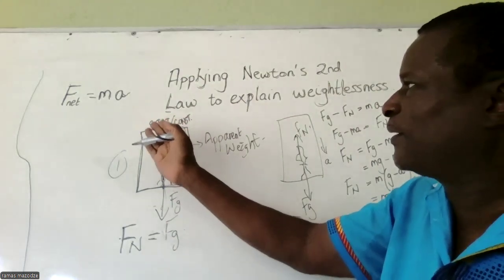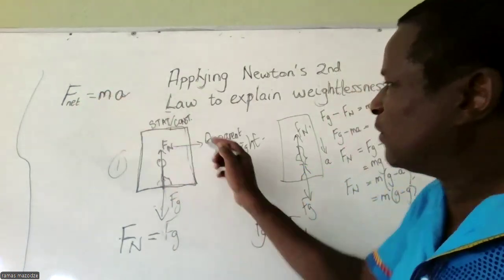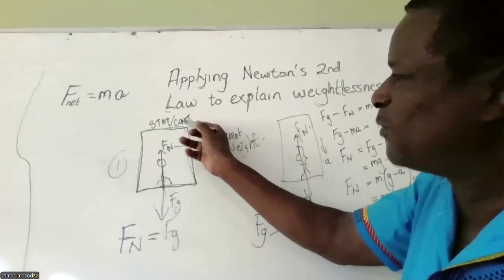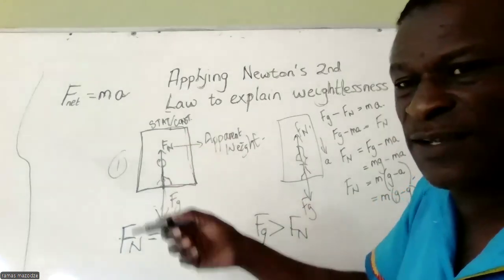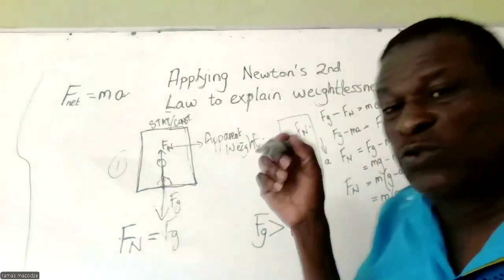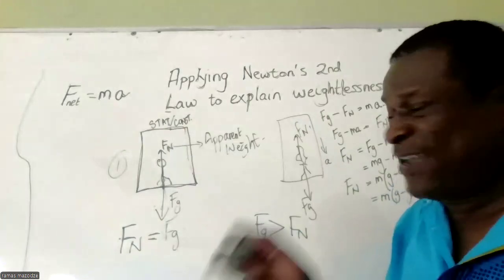So the net force is zero because the acceleration is zero when the lift is not moving. It's not accelerating. When it's moving with constant velocity, also the acceleration is zero. So the net force will be zero. Now we are only going to consider the guy inside the lift, and there are only two forces.